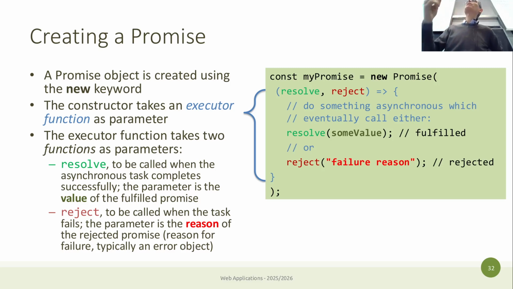Those are functions that need to be called inside the code of the executor function that does the asynchronous operation. When the asynchronous operation finishes with success, you call resolve and pass the value that you want as the result of the successful asynchronous operation, or you call reject with some error information.